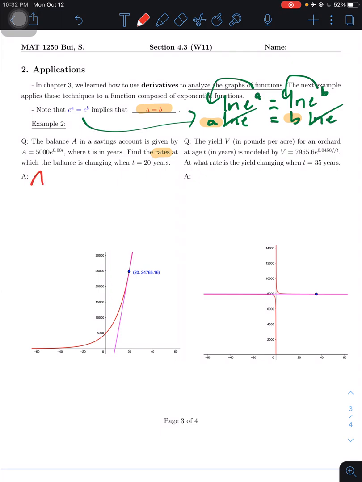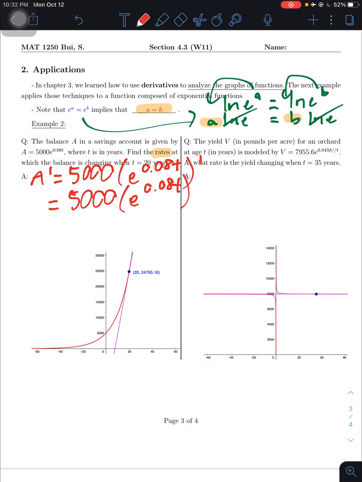So I'm going to do A prime equals the derivative of this one. 5,000 is a constant, so I'm going to bring it outside, and I'm going to take the derivative of e to the 0.08t. The derivative of e is itself, so I'm going to copy e to the 0.08t.